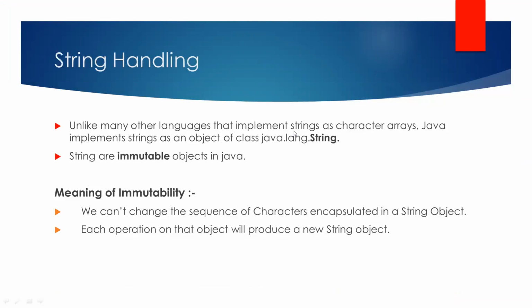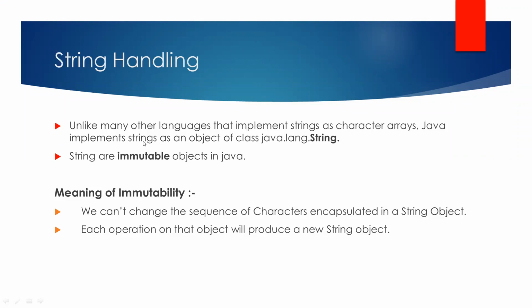Unlike many other languages that implement a string as a character array, if you remember C programming and C++, in C, if you want to handle a group of characters as a string, then you create a character array.